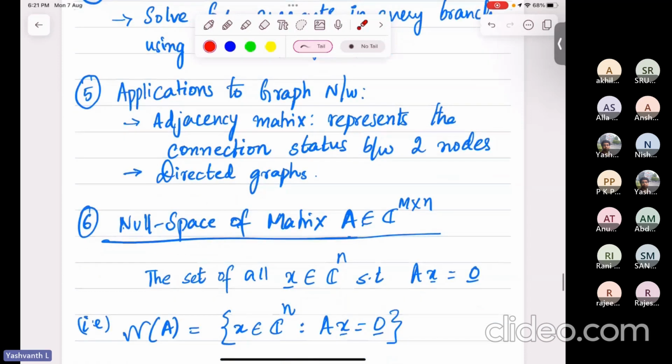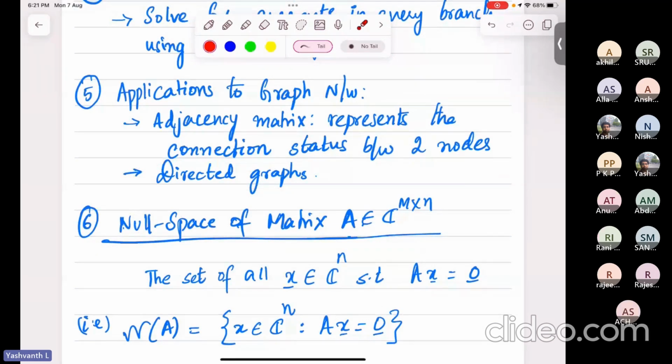Another application was in representing a directed graph. For example, it's possible that you have a link from the jth node to the ith node, but in the reverse direction, from the ith node to the jth node, the link may not be present. In order to capture all these systems, you can represent them in a very compact form, by a vector-matrix relationship, just as a system of linear equations.